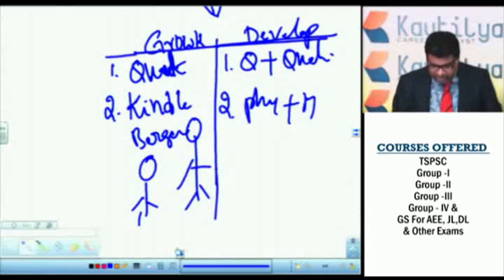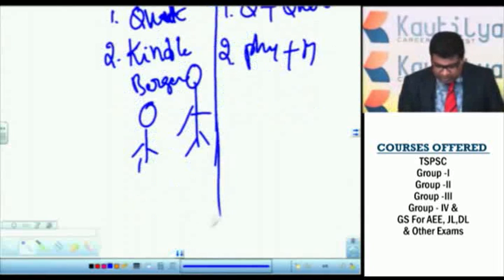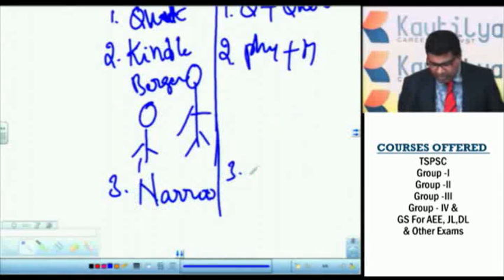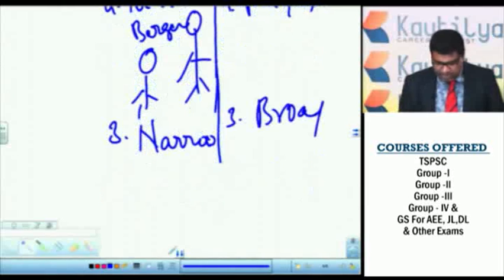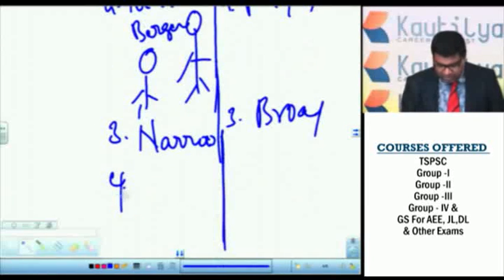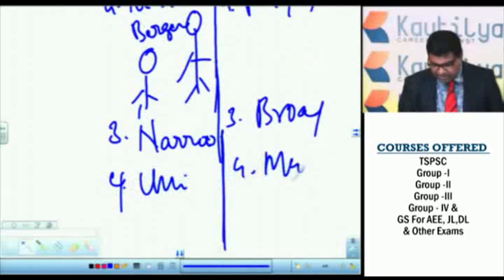So here, third point, economic growth is a narrow concept. Economic development is a broad-based concept. Fourth one, economic growth is unidimensional. Development is multidimensional.